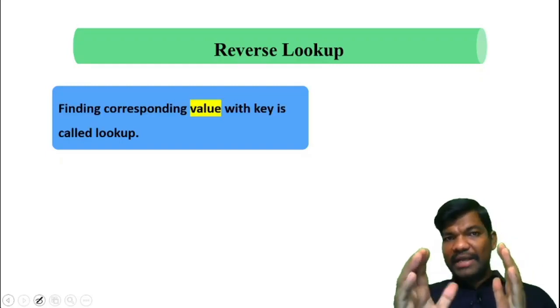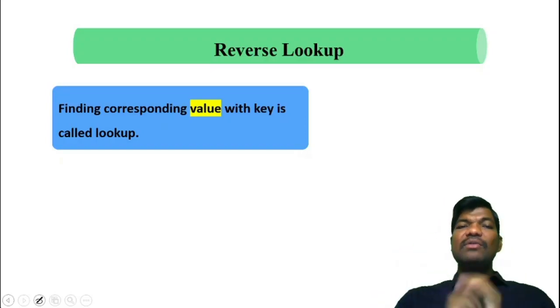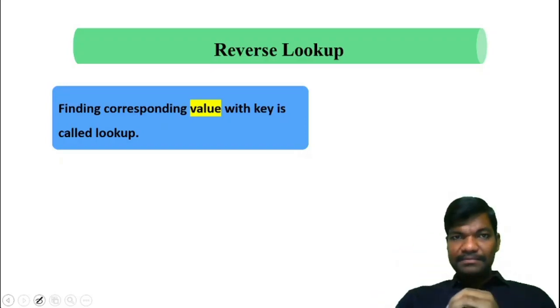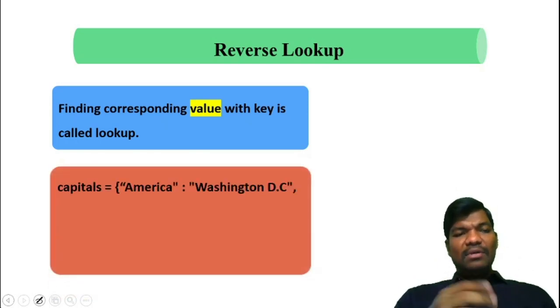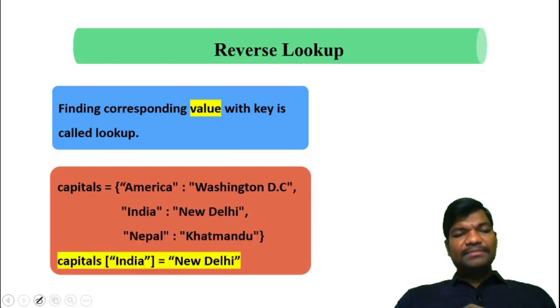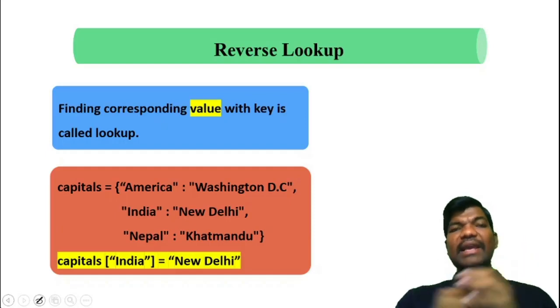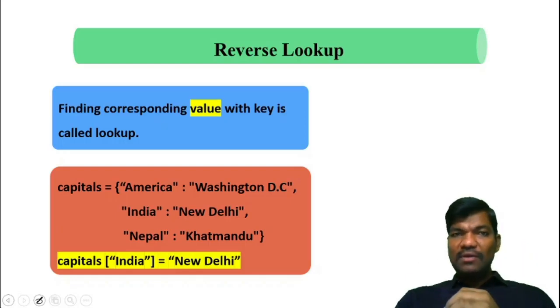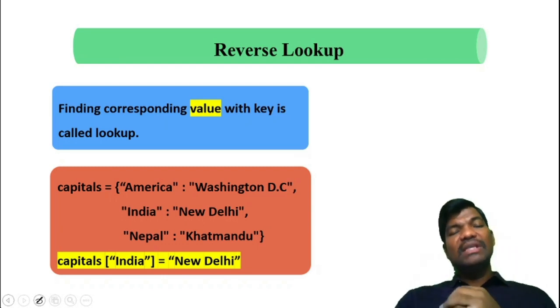So by applying the key, you are getting the value, which is called lookup. Take one example, capitals. Capital of India gives New Delhi. India is a key. New Delhi is a value. So by applying the key, you are getting the value, which is called lookup.